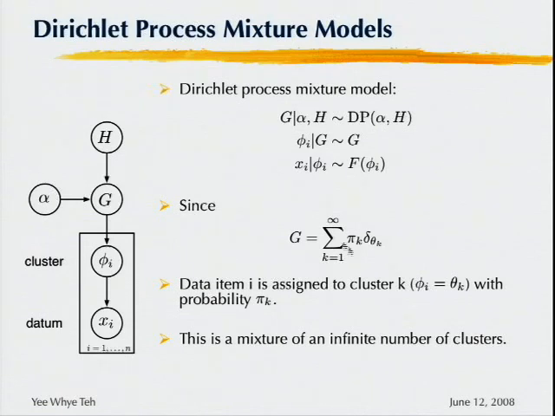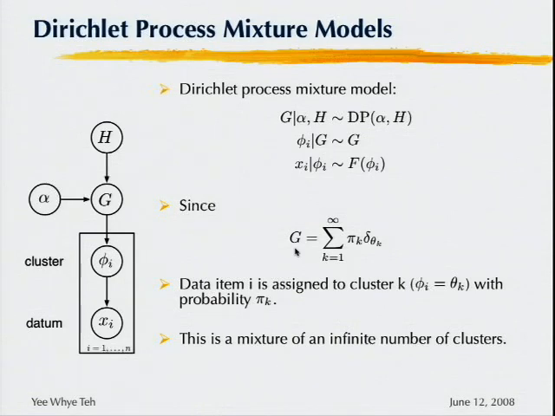So if you draw a phi from G here, phi is going to take on one of the values of theta k. So it equals theta 1 with probability pi 1, theta 2 with probability pi 2, theta 3 with probability pi 3, and so forth. So the pi's are the mixing proportions, but the thetas correspond to the parameters of the clusters.